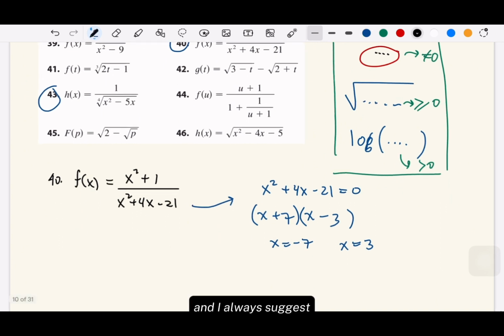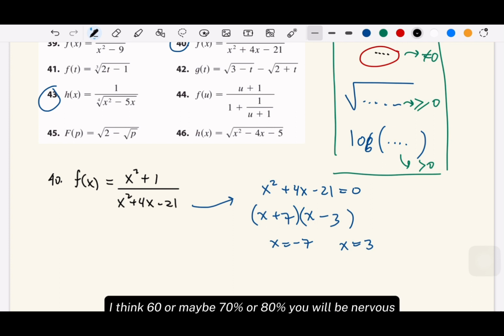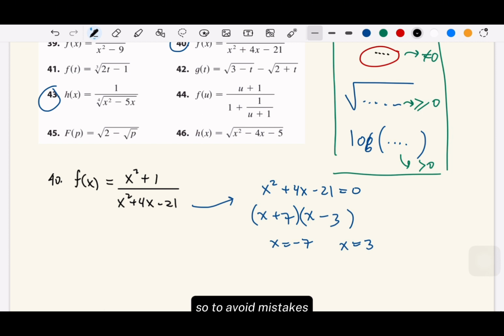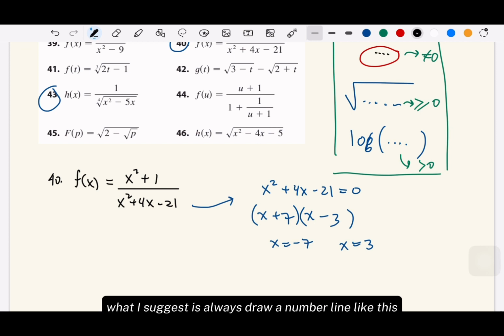And I always suggest, because if you are maybe in the middle of an exam, I think 60% or maybe 70% or 80% you will be nervous. So to avoid typo mistakes or any miscalculation, what I suggest is always draw a number line like this.